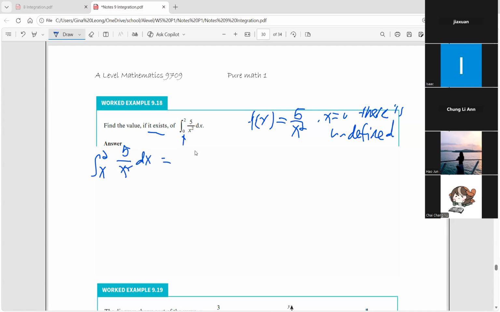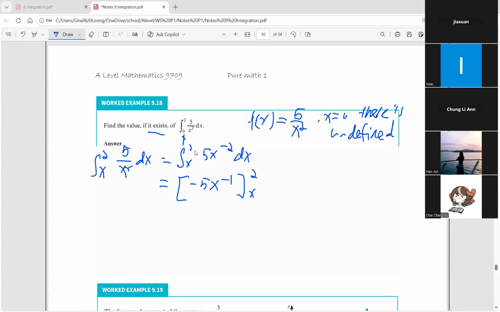I cannot do it like this. It becomes 5x^-2 dx. Do the integration first, then I get the power plus 1, that means it's -5 over x.